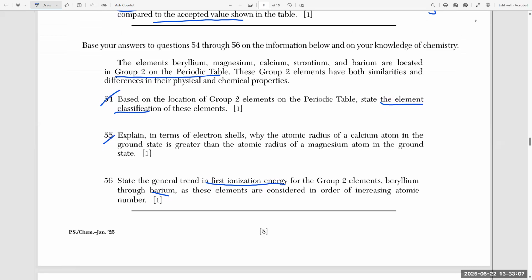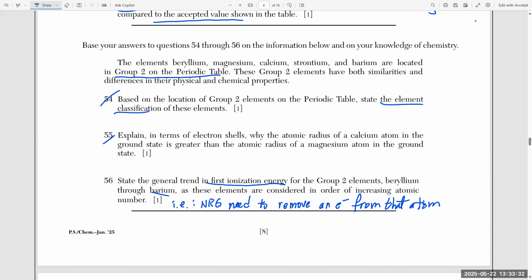So the definition of ionization energy, or the first ionization energy, same thing, is the energy that you need to remove an electron from that atom, right? So what do we know?